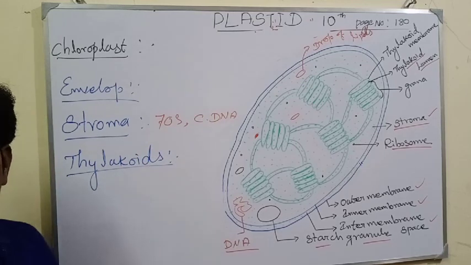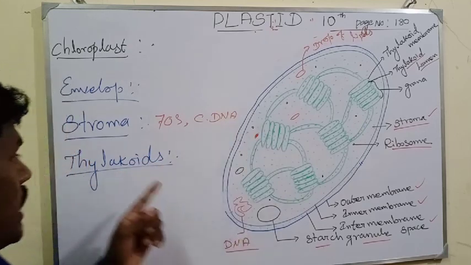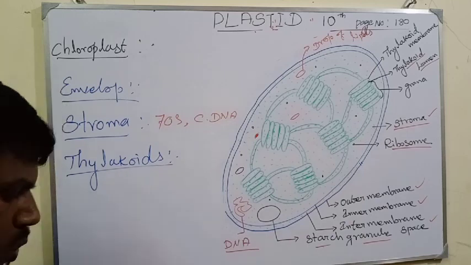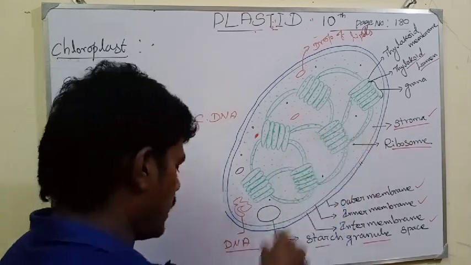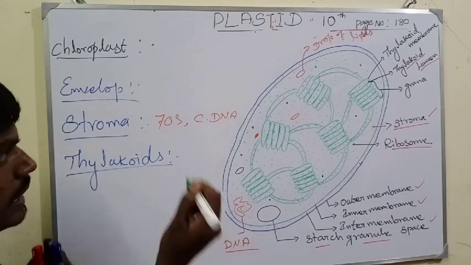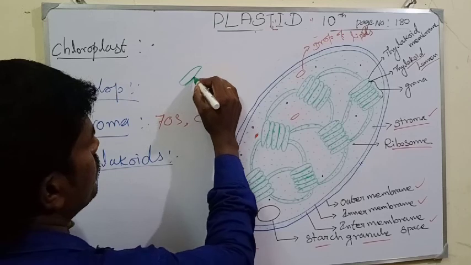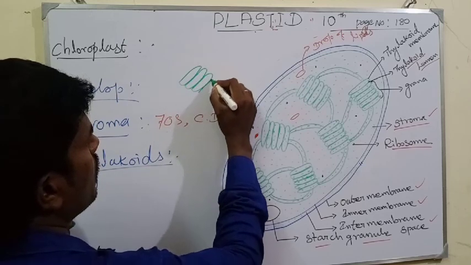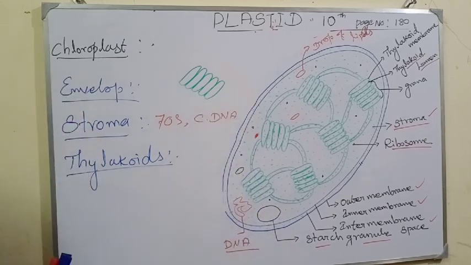Next one, thylakoid. It consists of the thylakoid membrane that encloses the thylakoid lumen. See, inside the chloroplast the thylakoids are present. I will draw the thylakoid structure separately. This is the thylakoid.